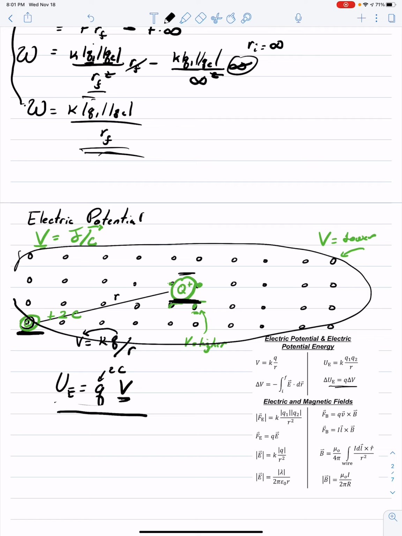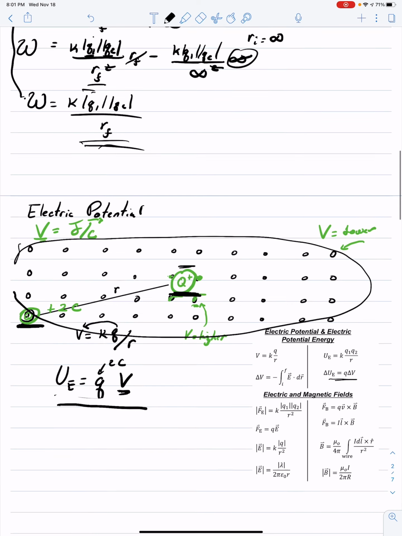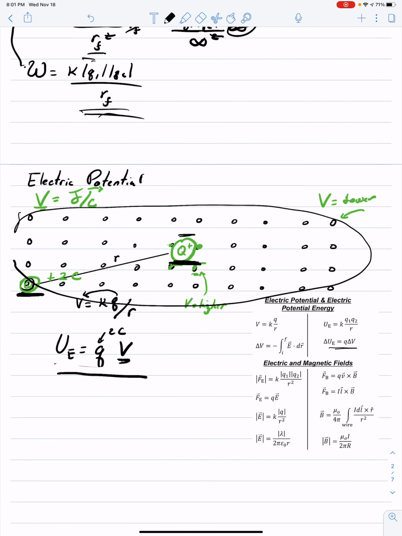Okay? Now I want to cover something important before we go into the problem that I have for you here. Electric potential is not volts. It can be volts if it's the change in electric potential. And we write down that the change in electric potential is actually equal to voltage.